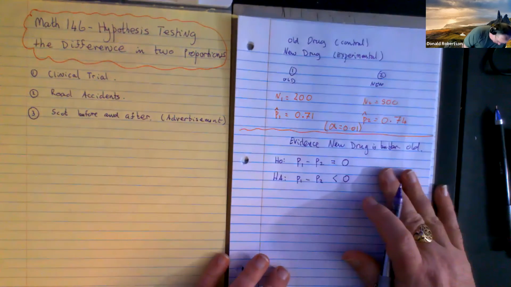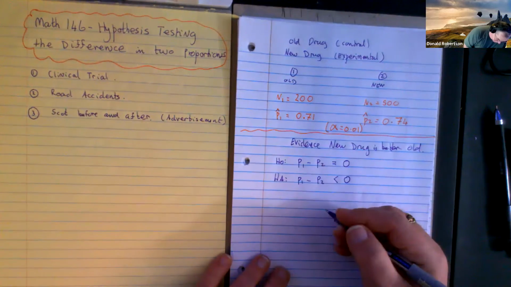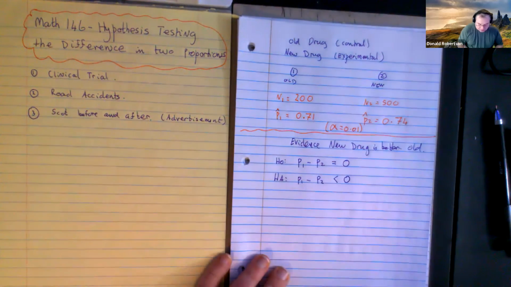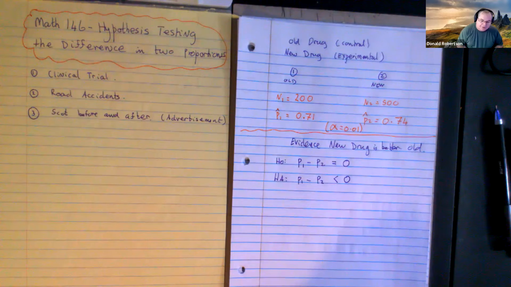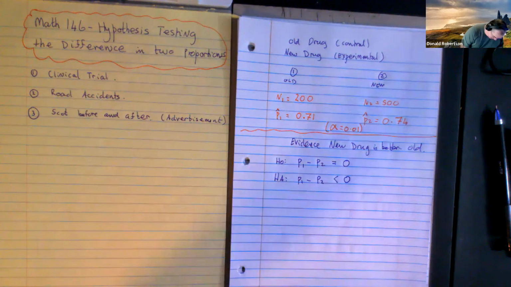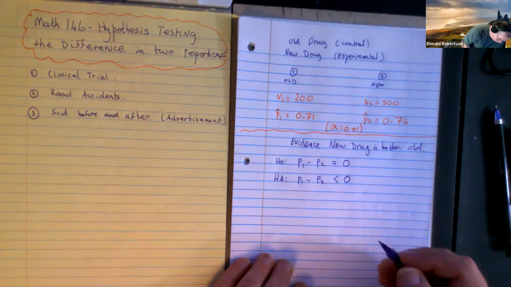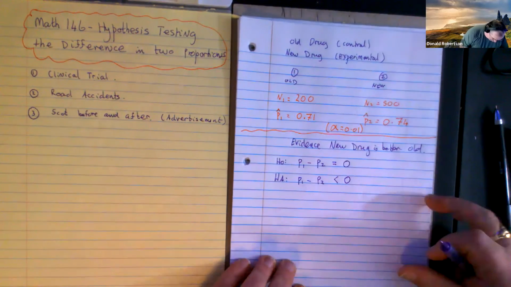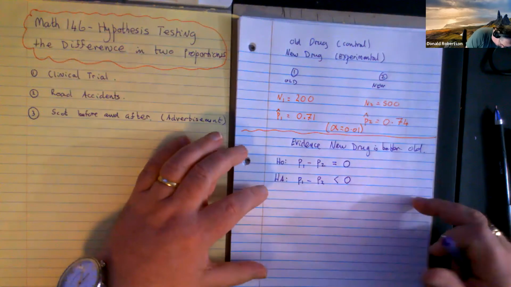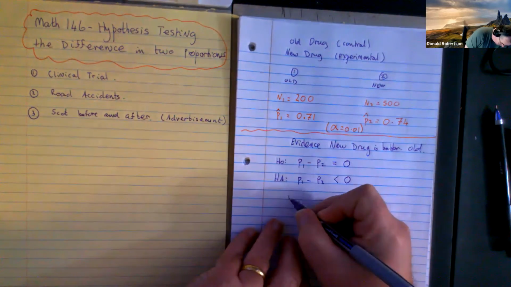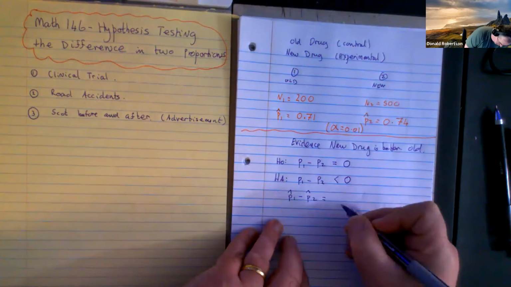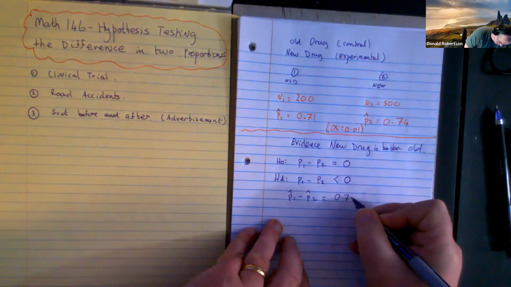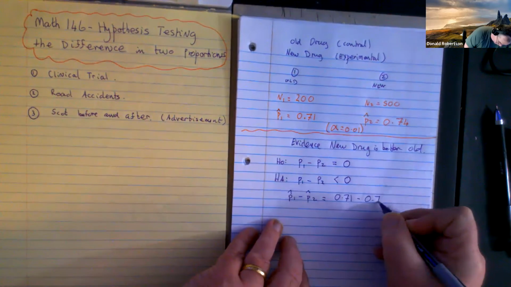The next stage of the process is eventually to get, I call it the Z-score, they call it the test statistic. Now to do that, there's a whole load of information. Let's start with finding P1 hat take away P2 hat, which is 0.71 take away 0.74.